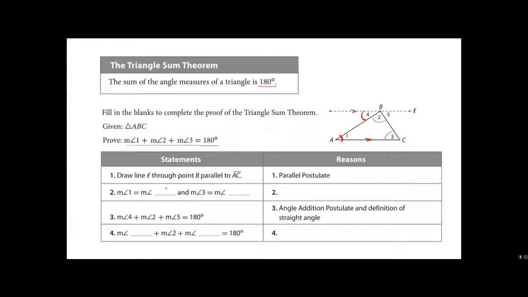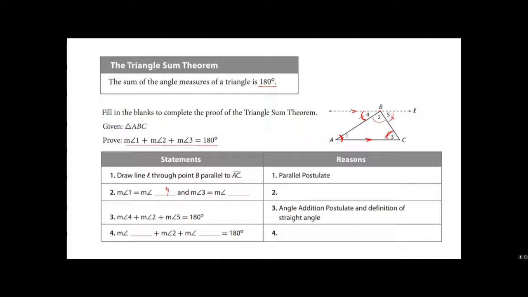That is angle 4. And for angle 3, let me see, 3 is right here. So 1 and 4 are the same because of alternate interior angles. And angle 3 should be congruent to angle, it looks like, 5.